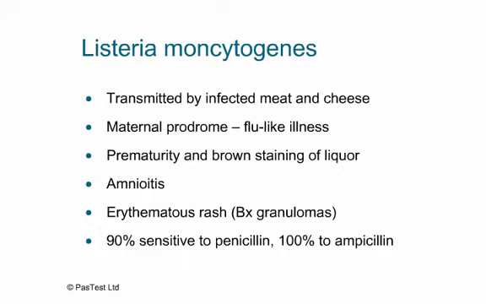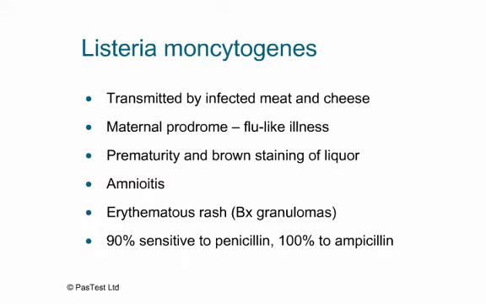Mothers typically have a mild flu-like prodromal illness, and neonatal infection typically causes prematurity and staining of the liquor and foul-smelling liquor. It is important, if possible, to examine the placenta, which is often very, very abnormal and infected, and can be sent for culture.